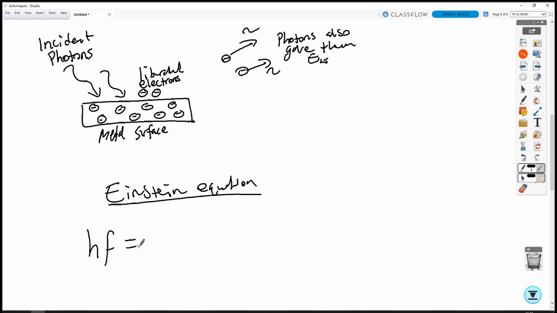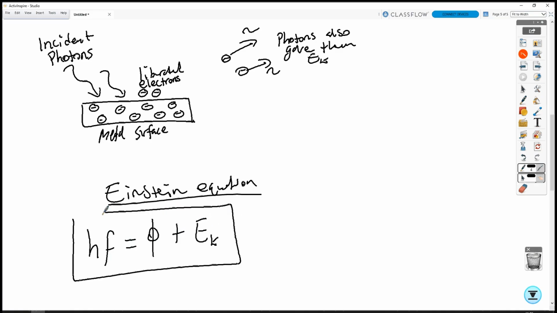So the energy of the photons, hf, liberates the electrons, so the work function, and gives them kinetic energy. And we can write this in the alternative form, which is hc over lambda is equal to phi plus Ek.